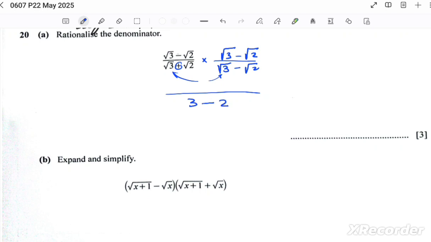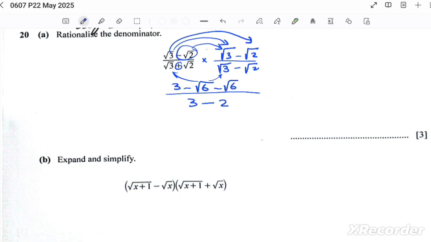And now let's multiply this one. The first one times the first one is square root of 3 times square root of 3, which is 3. Then square root of 3 times minus square root of 2, so it will be minus square root of 6. And then minus square root of 2 times square root of 3, it will be minus square root of 6 again.